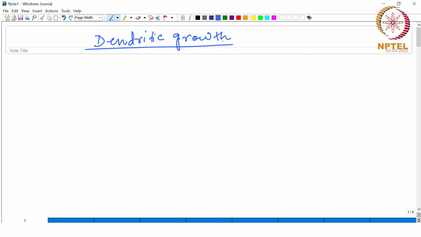Okay. So, we will take the case of pure metals first, the solidification of pure metals, and see what are those conditions which lead to dendritic growth.